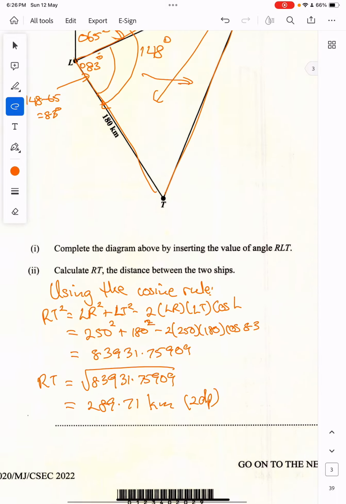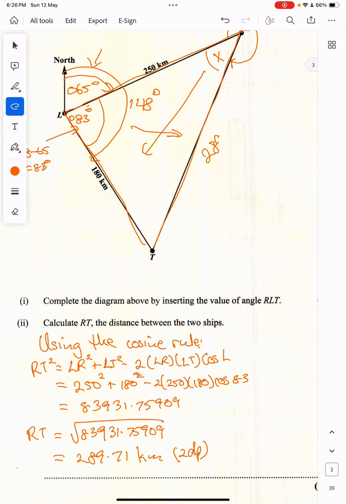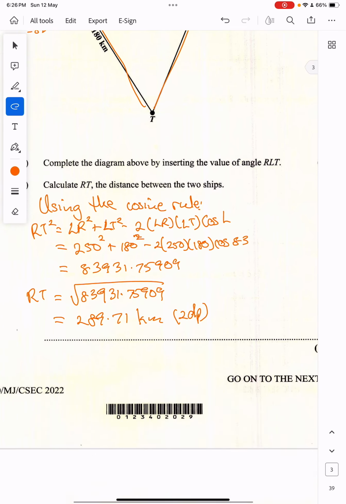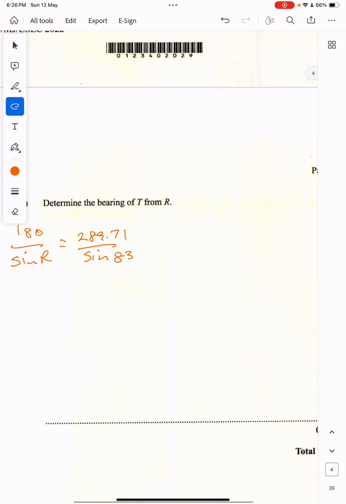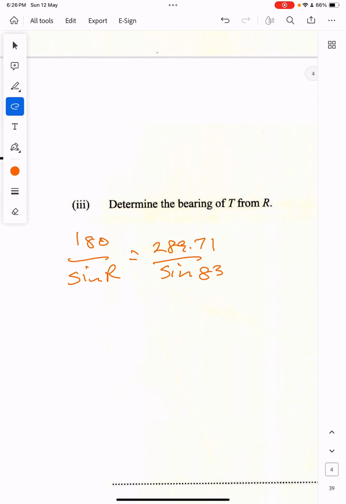Now remember, we just worked out this length and we found it to be 289.71 kilometers, right? So we're using that length with the 83 opposite, and then the length of the 180 with the angle that we're trying to find opposite to it. So we're going to rearrange this to get sine R.